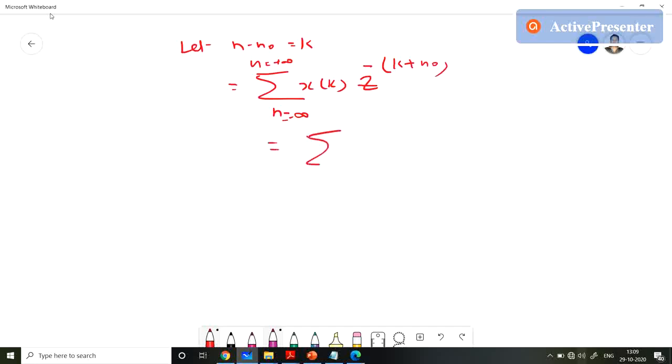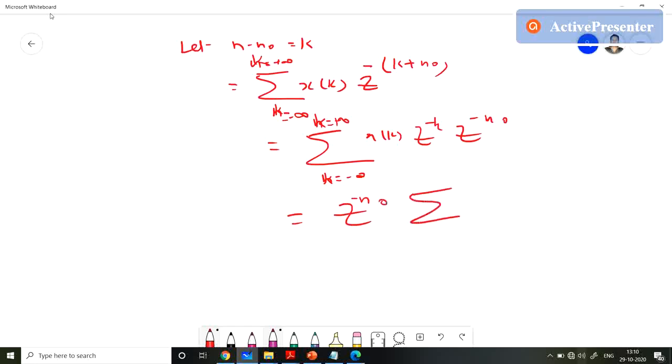So what we will get here, k equals minus infinity to plus infinity of x[k] z raised to the power minus k times z raised to the power minus n0. It is independent, so we can put z raised to the power minus n0 outside.